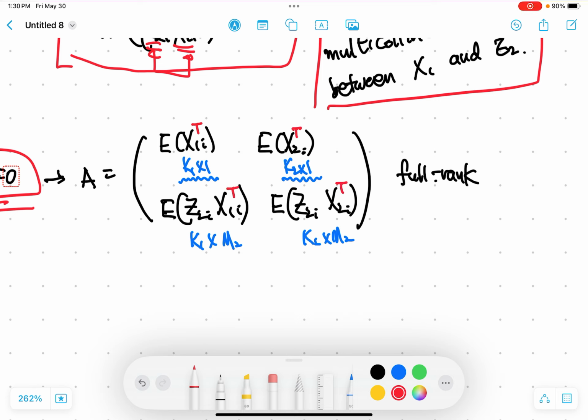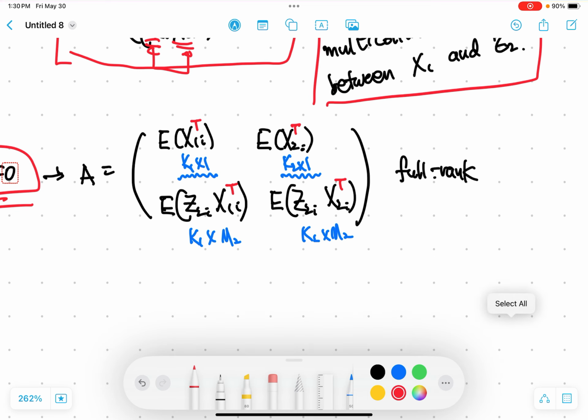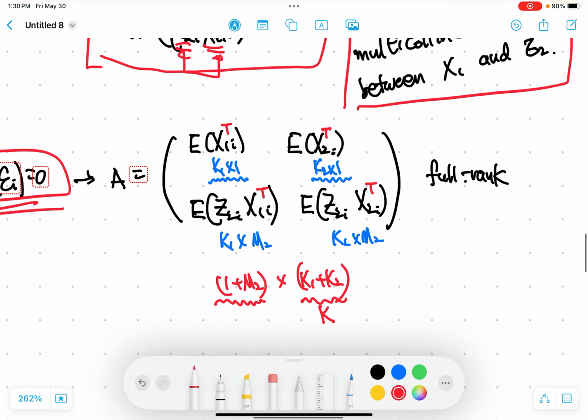And then if you correctly transpose those vectors, you have to have 1 plus m2 by k1 plus k2 dimension, right? This is k, but this doesn't mean anything, right?